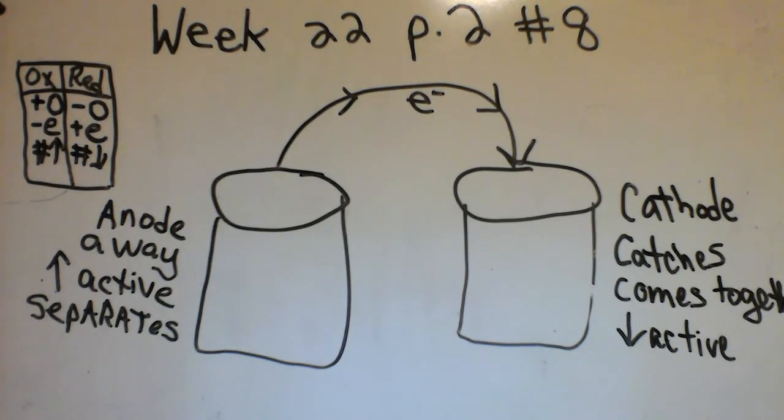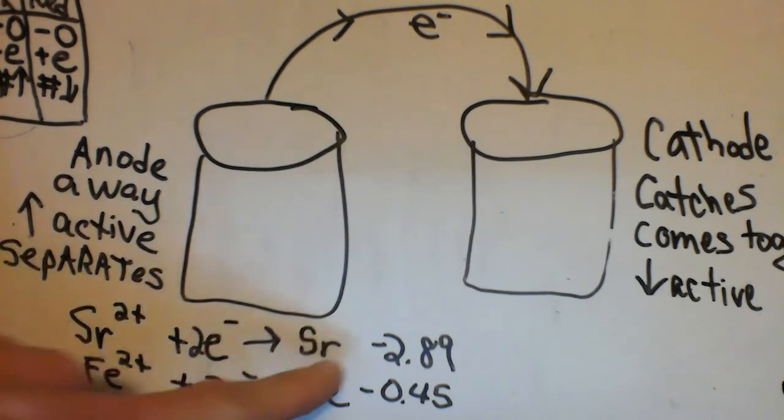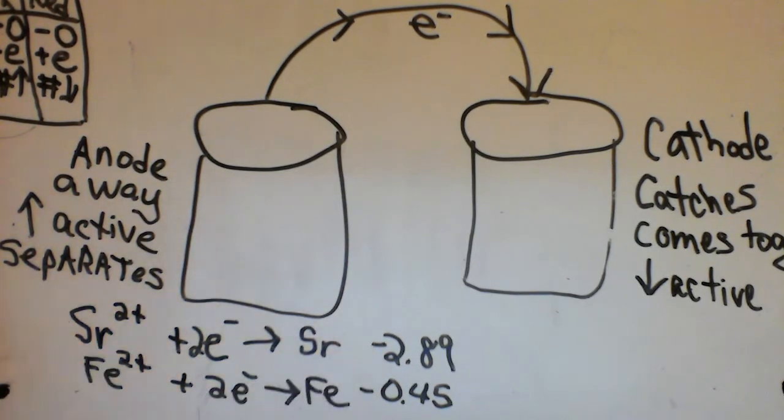And so for each of these two half reactions, we're going to write down what the standard reduction potential is. So if we look at these two half reactions, we see strontium has a standard reduction potential of negative 2.89. Iron has a standard reduction potential of negative 0.45.